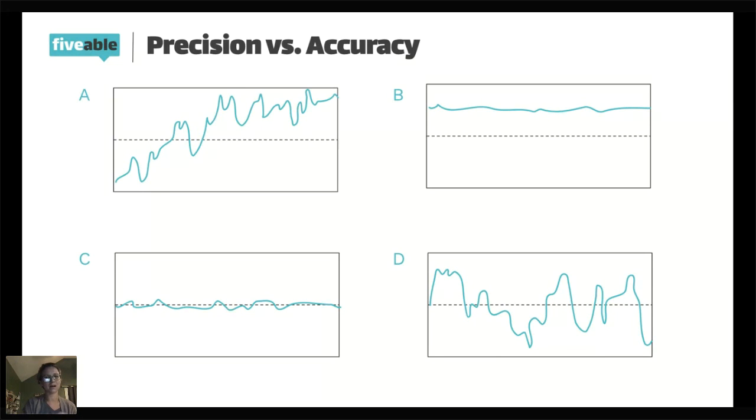And if we think of that horizontal line in the middle as the target data, we're expecting the quantity to stay constant over time at about that middle location.